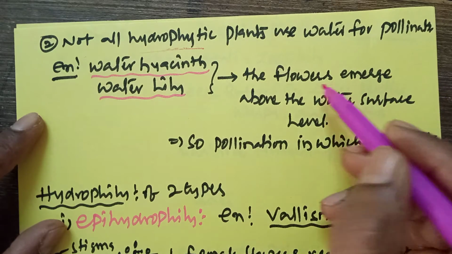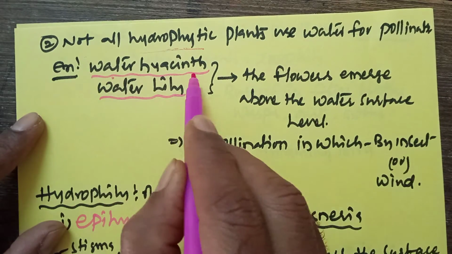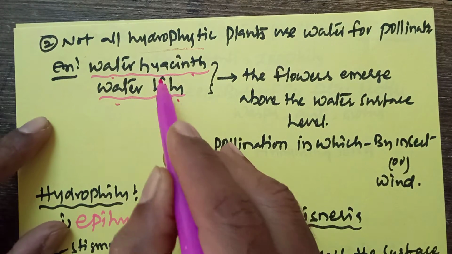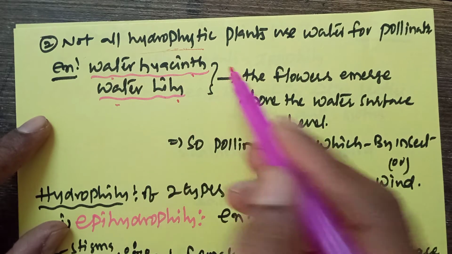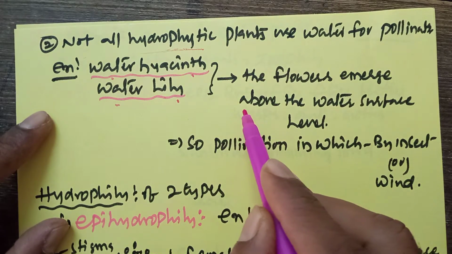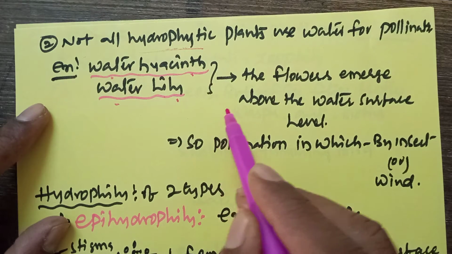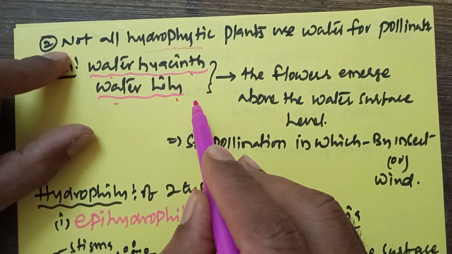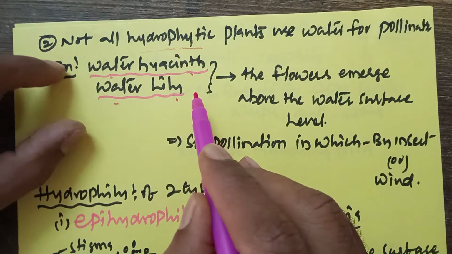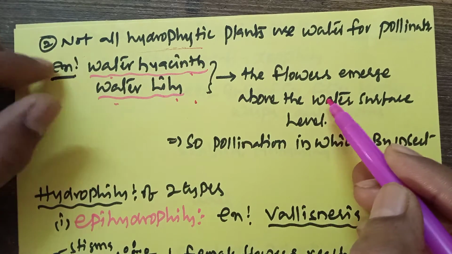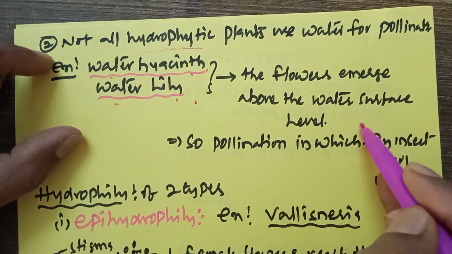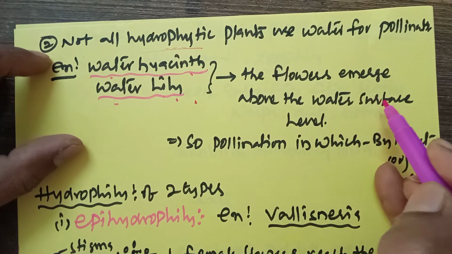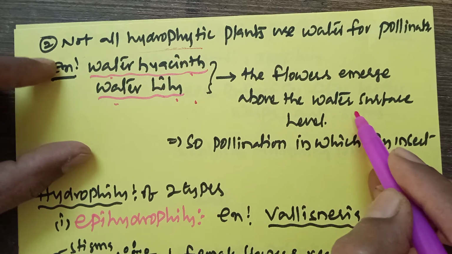Examples are water hyacinth and water lily. These two plants belong to hydrophytic plants, but they do not prefer water pollination because the flowers of those plants grow or emerge above the water surface level, so there is no chance for water pollination.